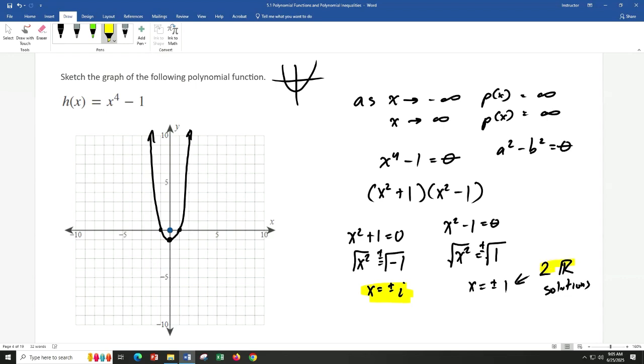So the only things you can graph are the only two real solutions that you have. Don't overthink it. You get so far. Nobody lost? Okay. I don't want to lose you.